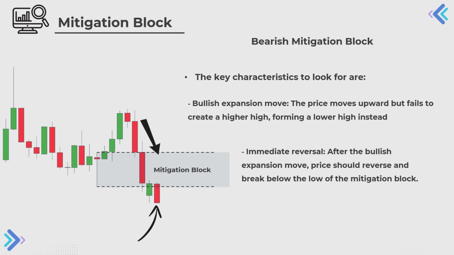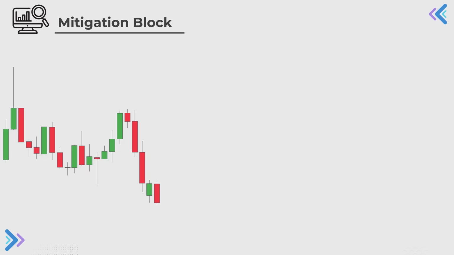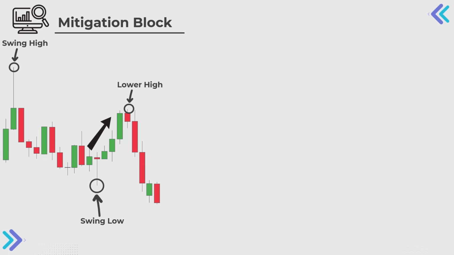Now, let's look at an example of a bearish mitigation block. Imagine the market is in a downtrend. To identify a valid bearish mitigation block, the first step is to look for a swing high to form. Next, we need to see a swing low. After this, the price must create a lower high with an impulsive bullish expansion.